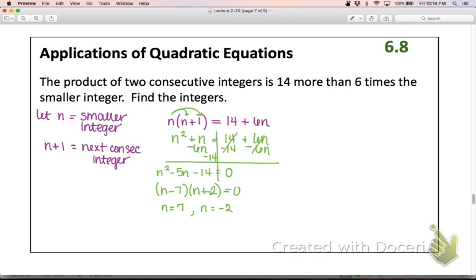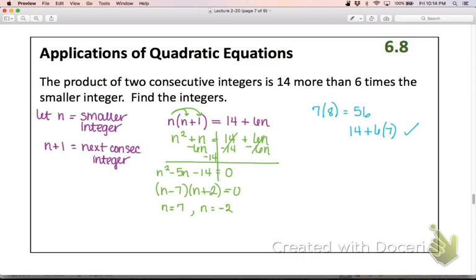If we plug them in, if n equals 7, then our numbers are going to be 7 and 8. That gives us 56. Is that 14 plus 6 times the smaller integer, which was 7? That's 14 plus 42, so that one works. So 7 and 8 could be the integers.